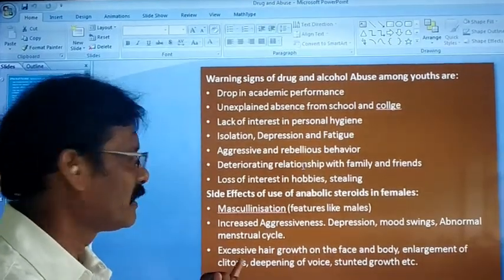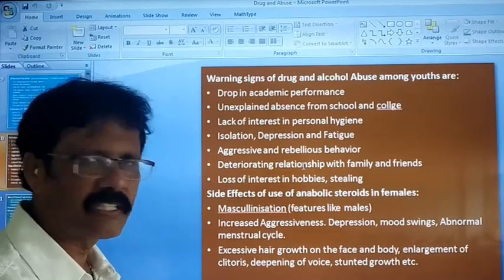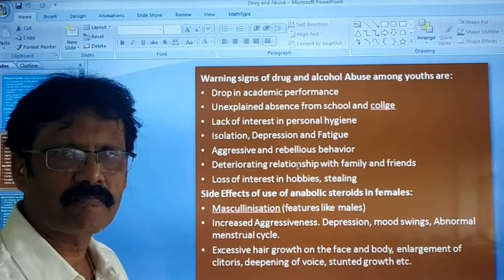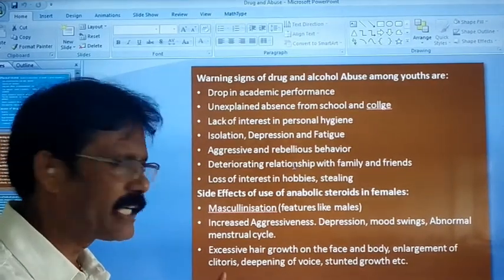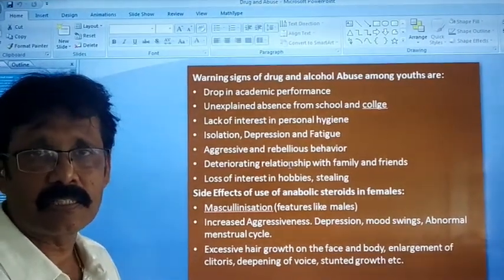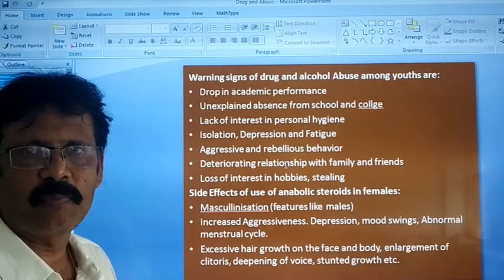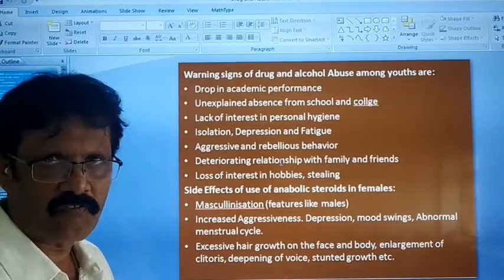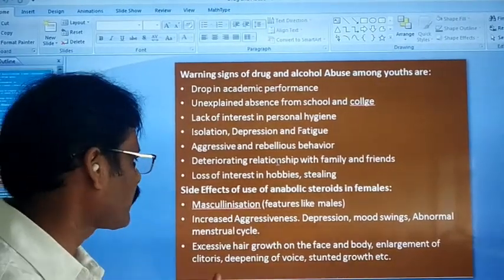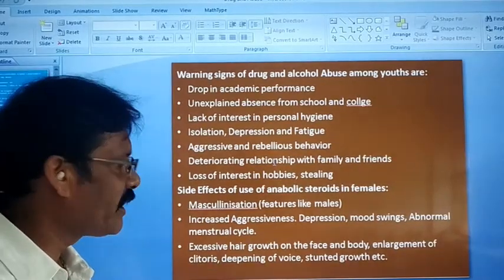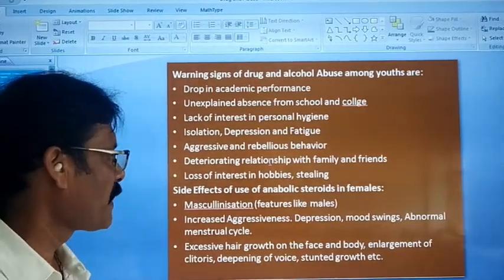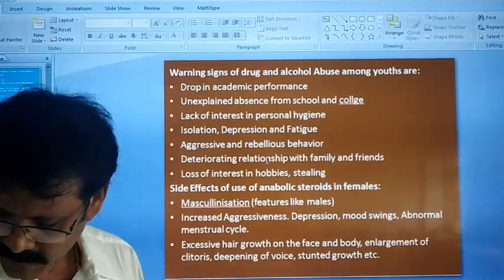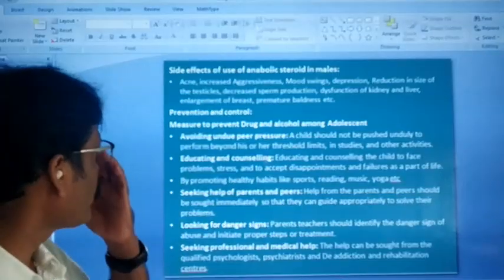Excessive hair growth on the face and body. Enlargement of the clitoris, a part of the external female reproductive system. Deepening of voice, hoarse voice, and stunted growth. So these are the effects of steroid drugs on females.